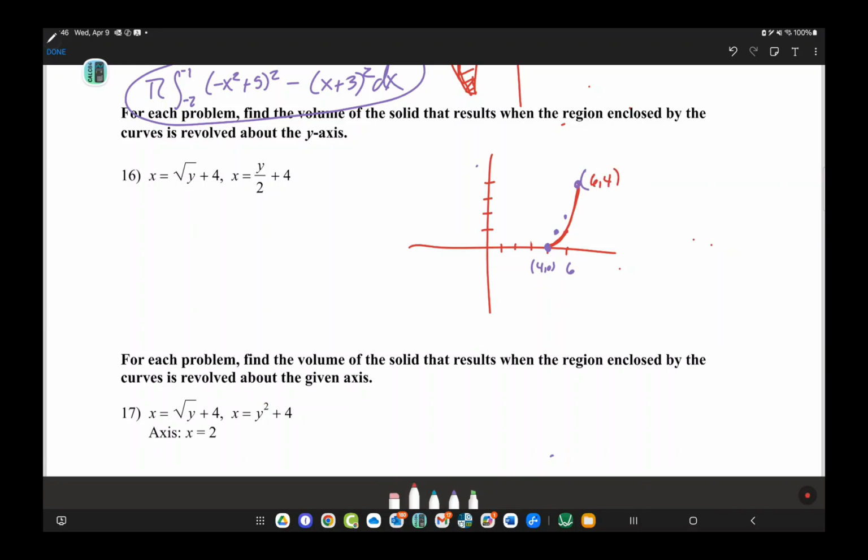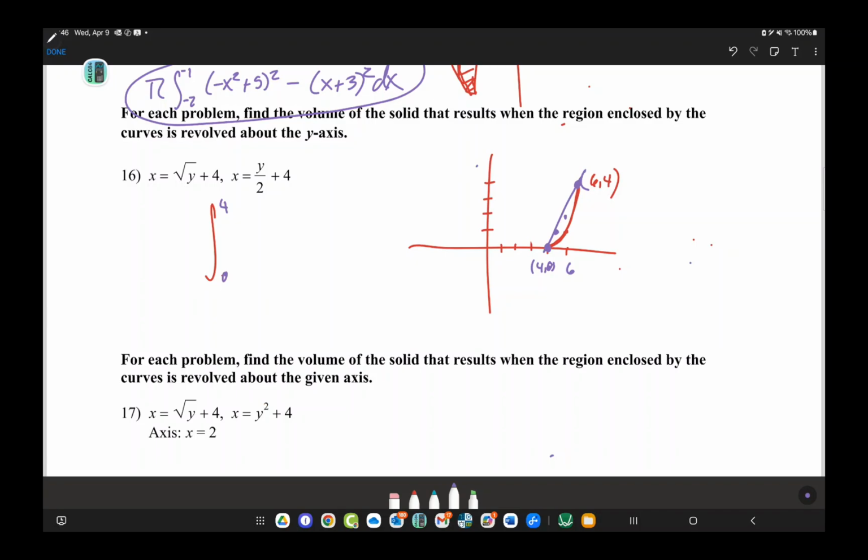Never mind, I had it right. I'm just doing it in my head backwards. So yeah, we're good. And so what are my bounds? This is where they intersect. So what are my y values? 0, not a 10. 0 to 4.